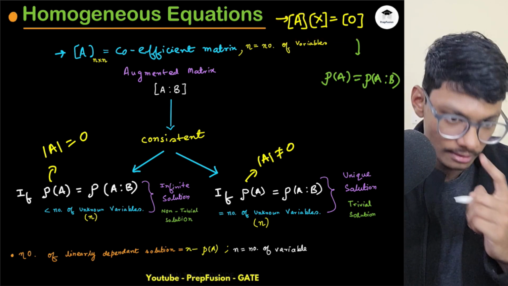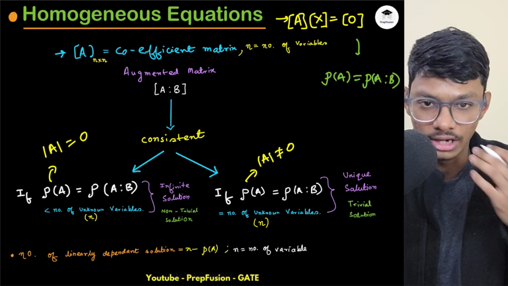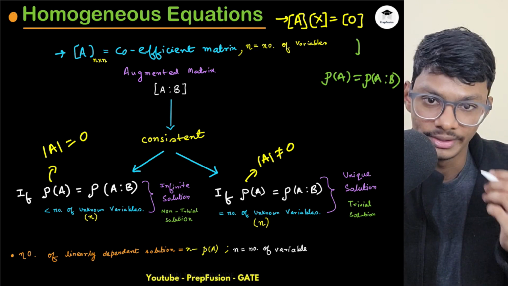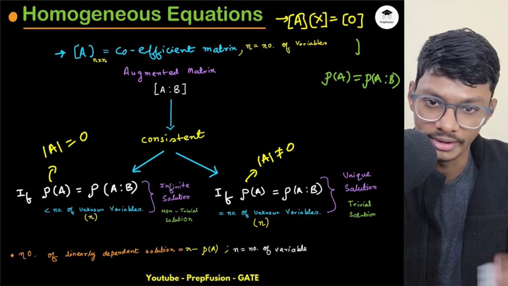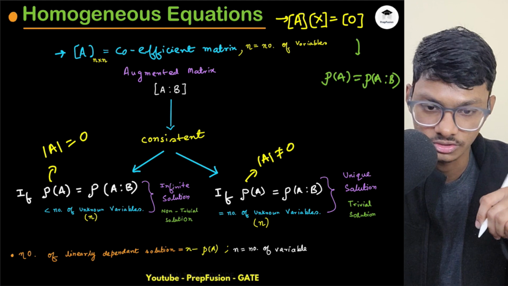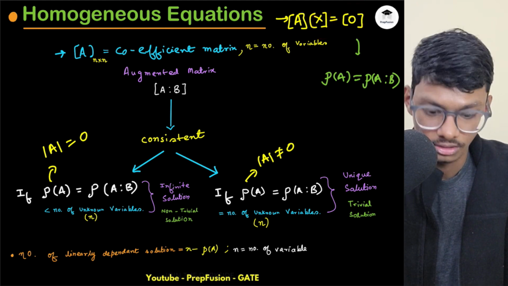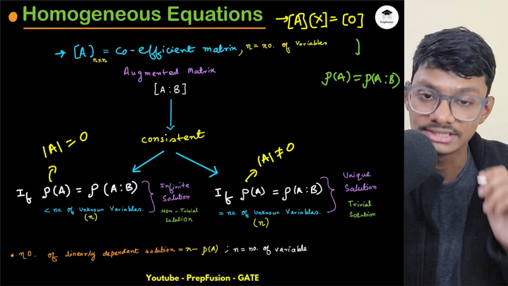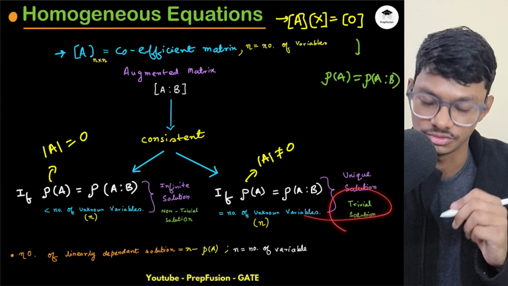If you understand this correctly, you might say, sir, if I put a column vector of all zeros, then this will be equal to 0 itself. So x equal to 0 is always a solution of this equation, no matter what. That's why it is called a trivial solution.